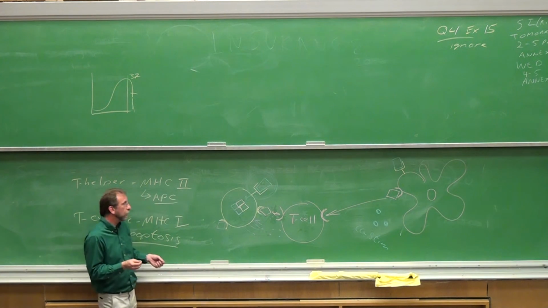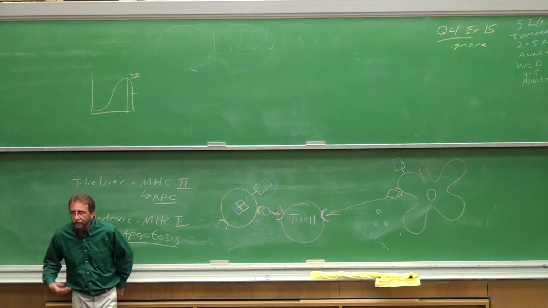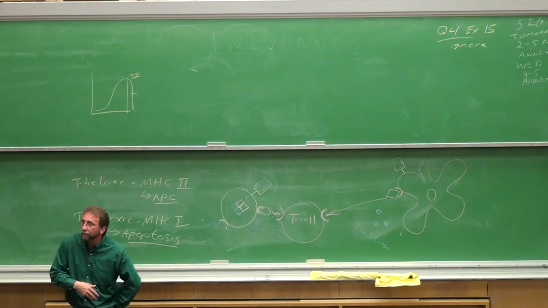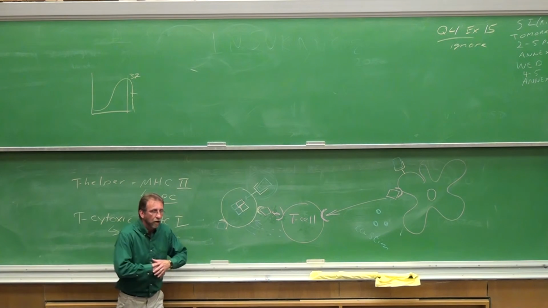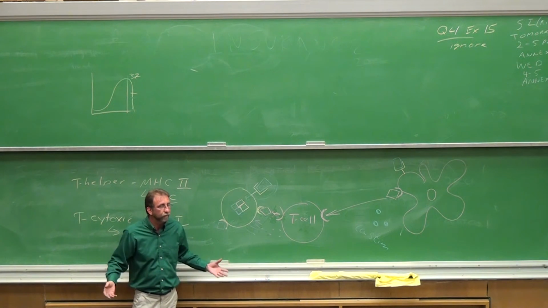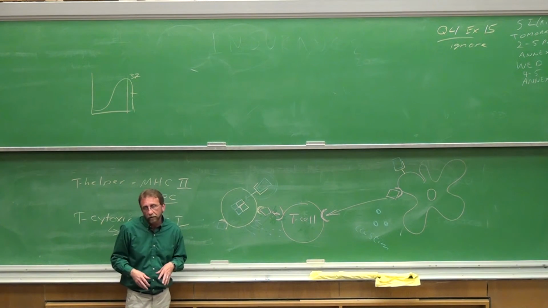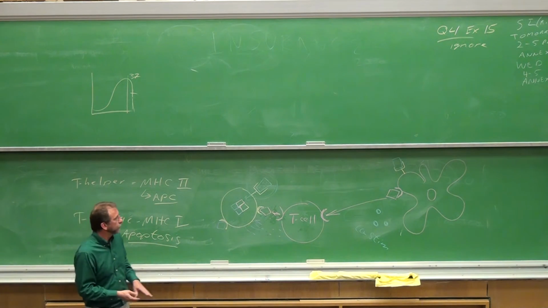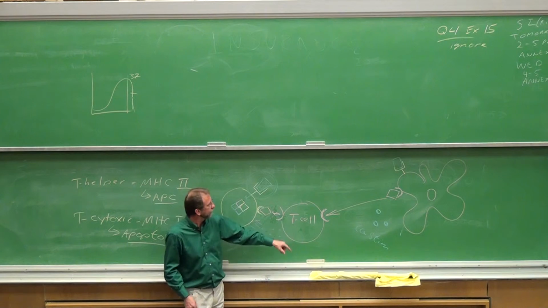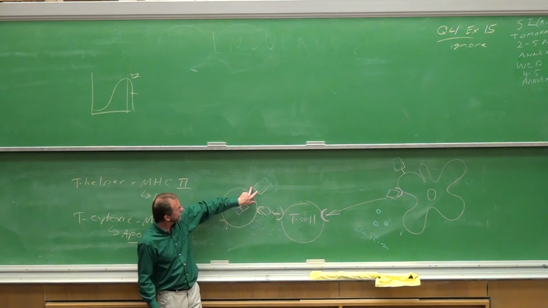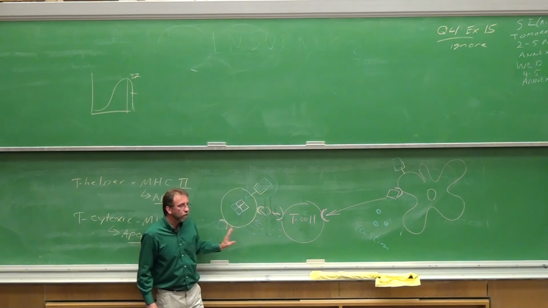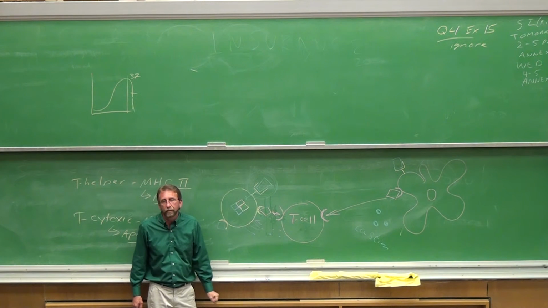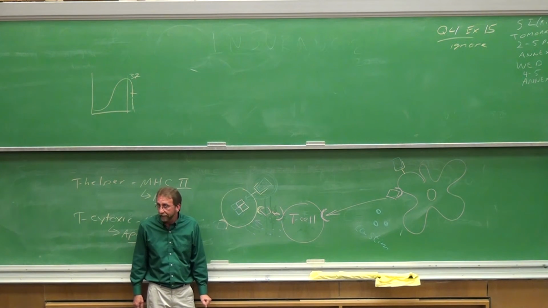And those memory B cells do not have to present to the T cell if they encounter the antigen again. They can undergo expansion and differentiation without the T cell's approval. And so if this antigen comes around again, we don't need this step. It can go right into antibody production upon a second exposure.